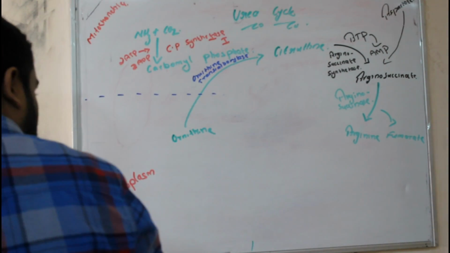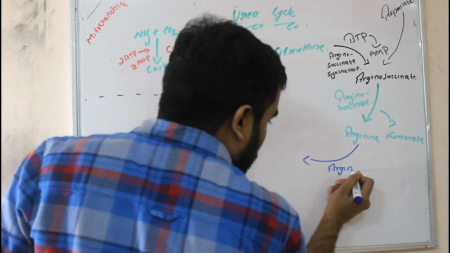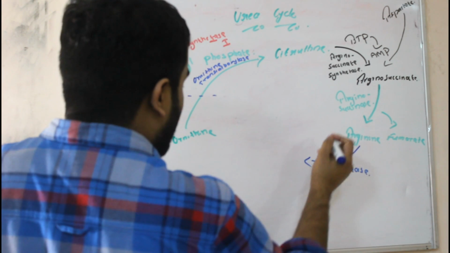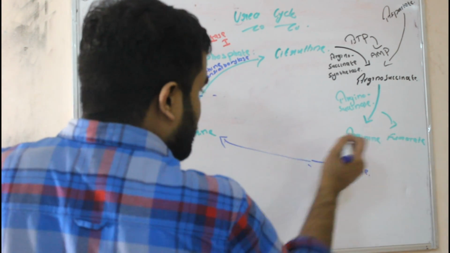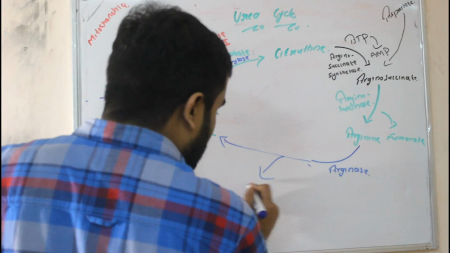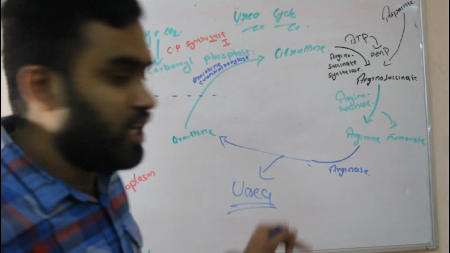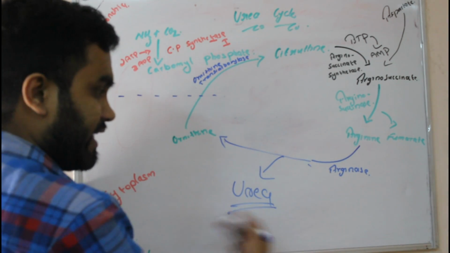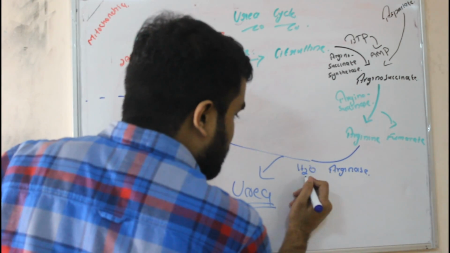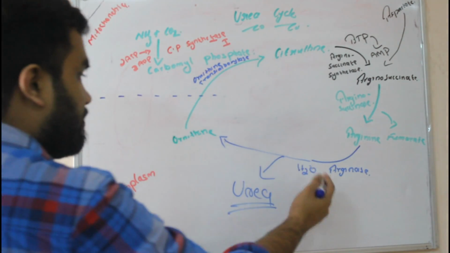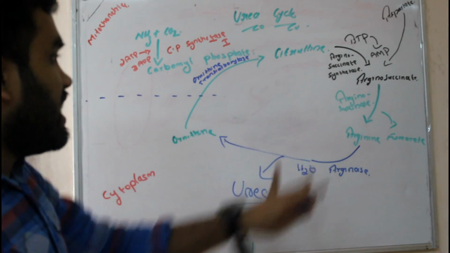Now arginine will be acted on by an enzyme, that is arginase, and they will form one ornithine and the other, our urea, the byproduct. This is our cycle, right? Urea will be formed, so it will go to the kidney and be excreted. Water is also used here. Arginine will be converted to urea and ornithine. So this is very simple. This is our urea cycle.